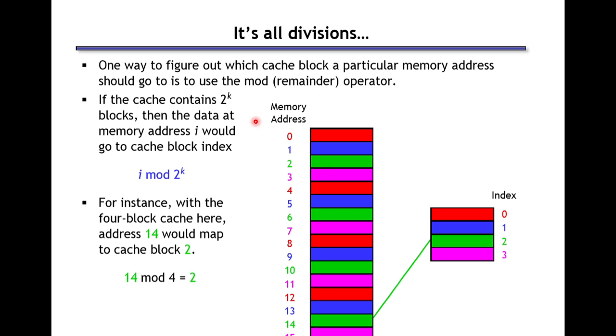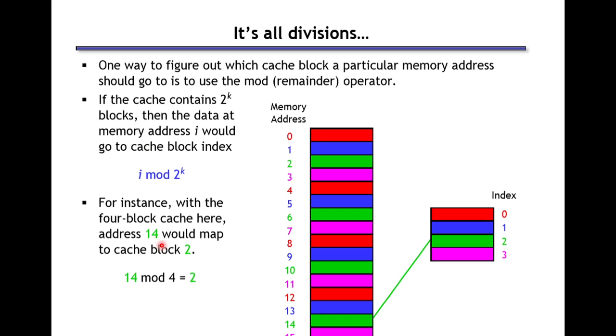One way to figure out which cache block a particular memory address should go to is to use the mod operator. If the cache contains 2 raised to k blocks, and in this case we have 4 blocks, then the data at memory address I would go to cache block index I mod 2 raised to k.